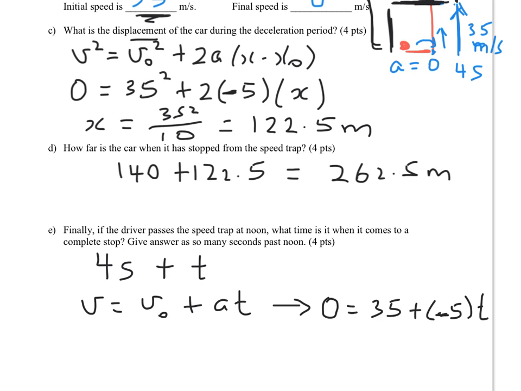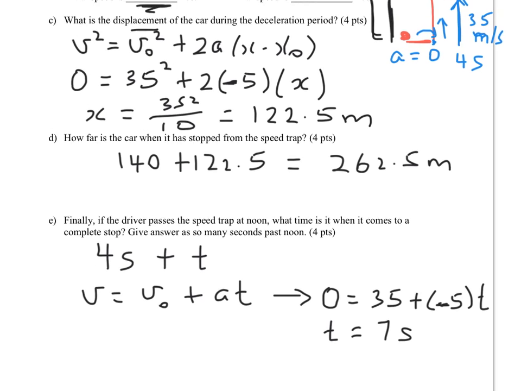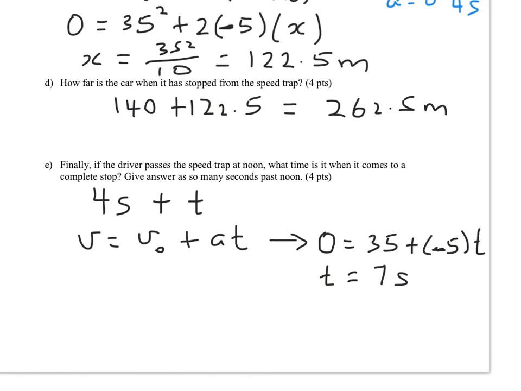And solving this, clearly t is 7 seconds. Therefore, the total time between passing the speed trap and stopping is 7 seconds plus 4 seconds is 11 seconds. So it will be 11 seconds past noon. That's when you're stopped.